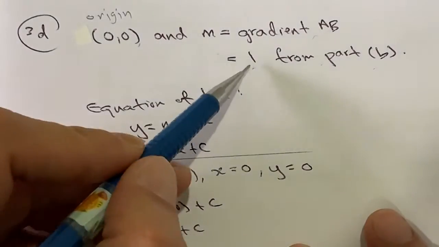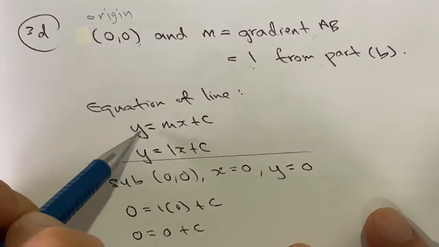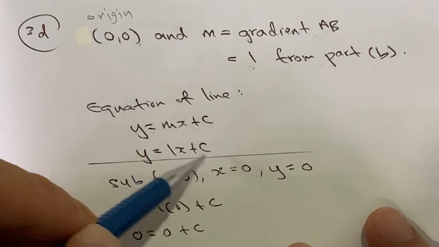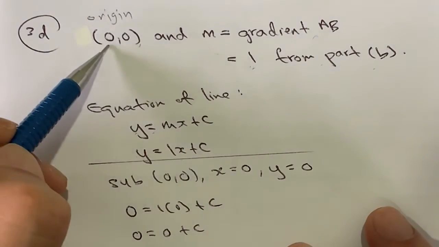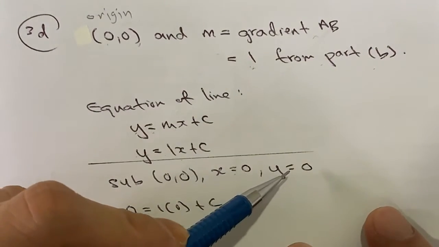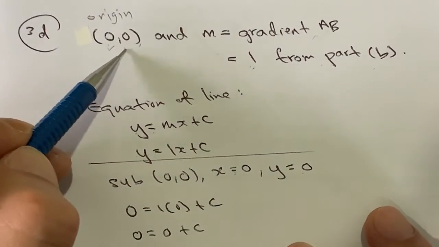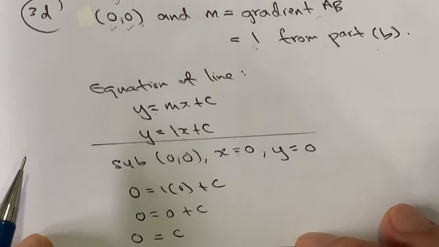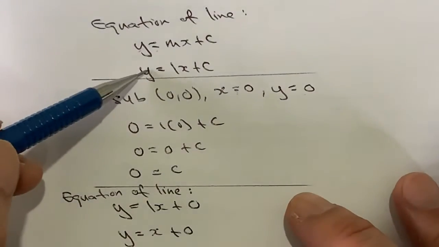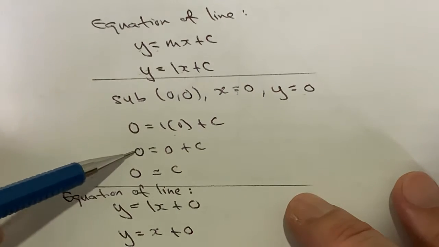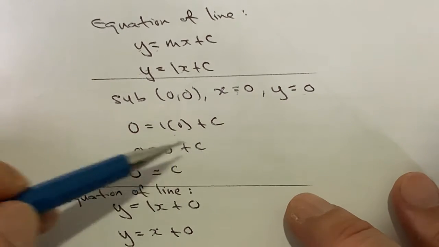Okay, so with m equals to 1, my y equals to mx plus c becomes y equals to 1x plus c. And then I will substitute 0 and 0 for x and y, because I'm using x0, y0. So y has been replaced by 0, x replaced by 0, and I get 0 equals to 0 plus c.